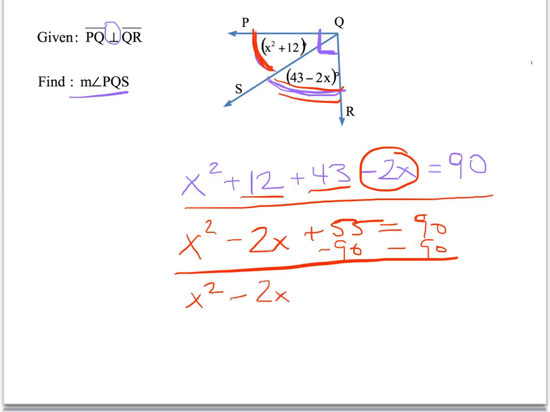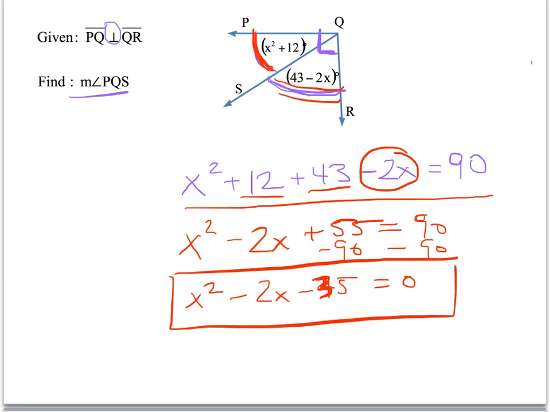X squared minus 2x minus 45 is going to equal 0. And I goofed that up. I'm sorry, 35, not 45. Now at this point, we have an equation, x squared minus 2x minus 35 equals 0.